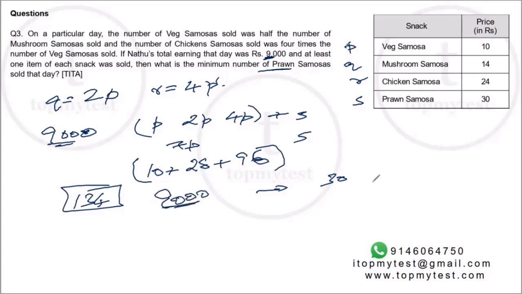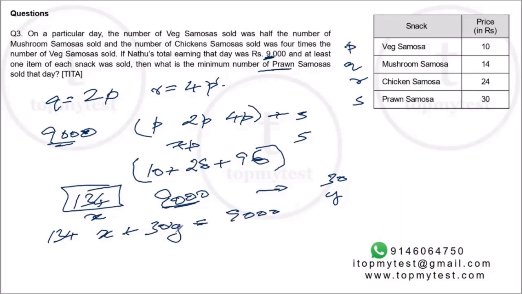You can either do it mathematically or you can do it like in the previous case, with replacements. Let's try to do it mathematically in this case. So if this is X, this is Y, then 134X plus 30Y should be equal to 9,000 rupees.